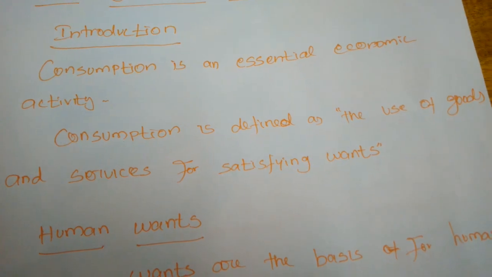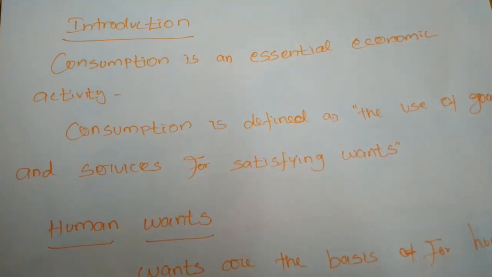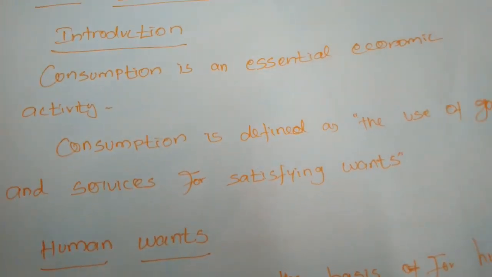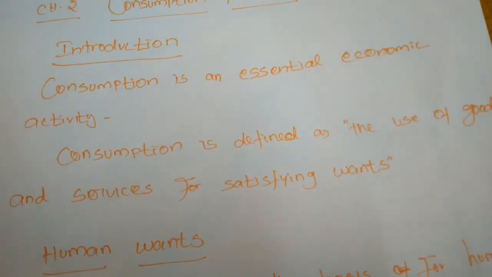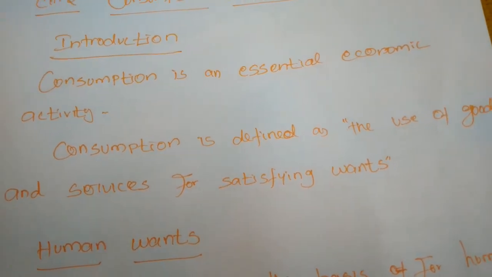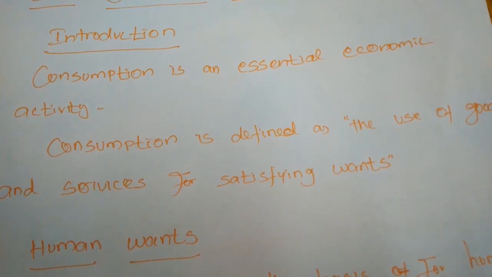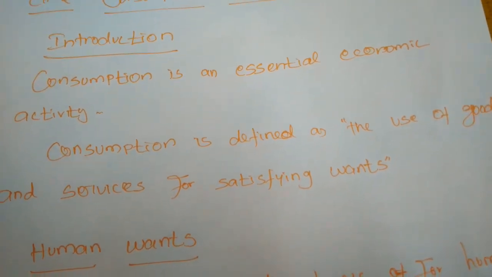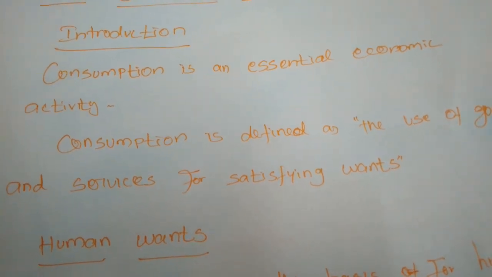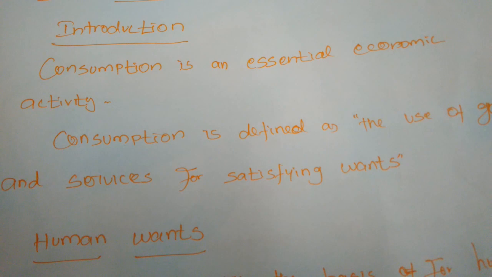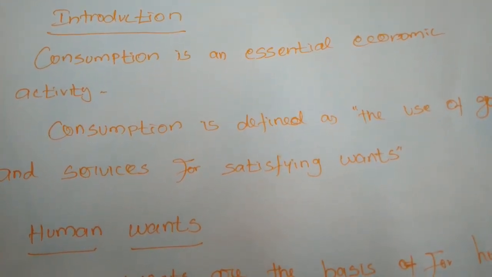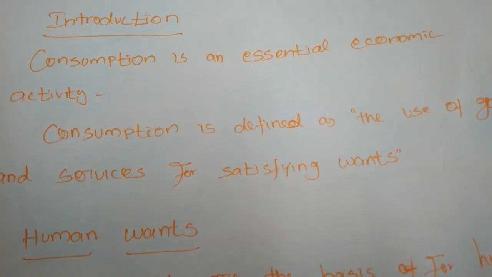Normally we have a want to consume some commodities, and when we consume that commodity, we get some satisfaction. So a want arises in our mind, and that want gets satisfied when we are consuming that commodity, right? Not only that, consumption is defined as the use of goods and services for satisfying wants.